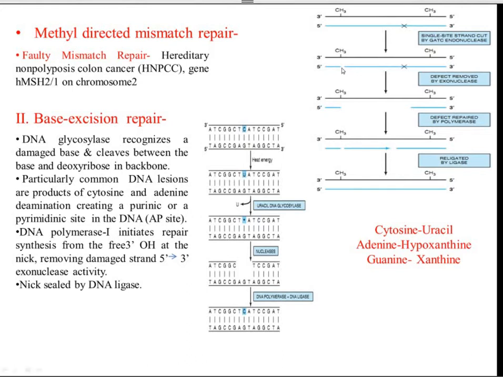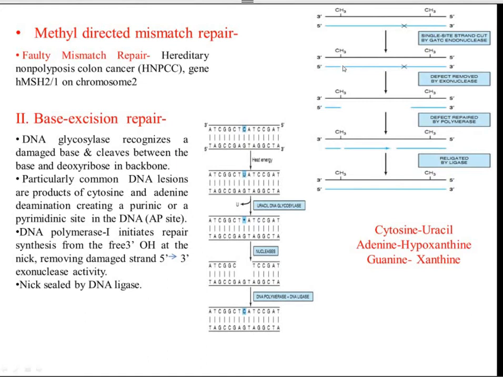Okay. Now once this happens, in the 5' to 3' direction, an exonuclease activity will take place. This exonuclease activity will start removing the whole of this nucleotide sequence up till here, which is the mismatch area as well. So first, endonuclease forms a nick.